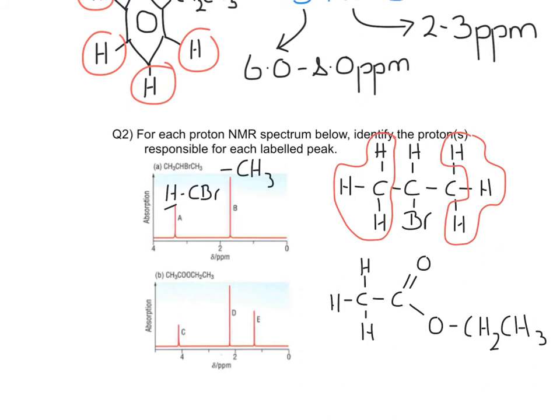I'm looking to see what's directly attached to the electronegative oxygen, and that's the CH2 group. So it's the CH2, I'm going to underline, that's attached to the CH3. The next group then is our CH3 that's attached to the ester group.